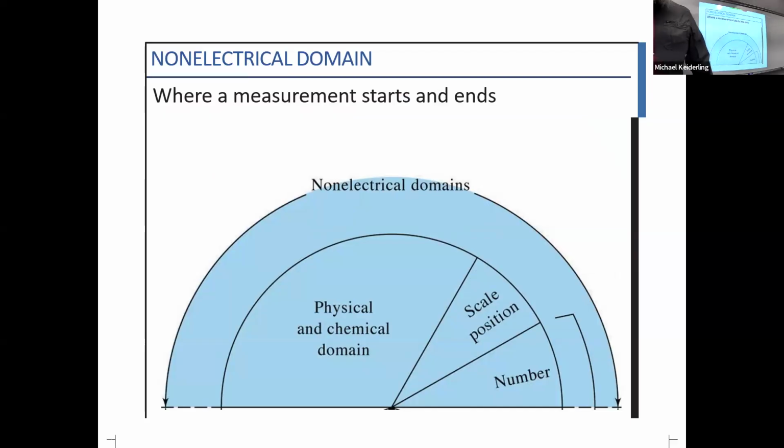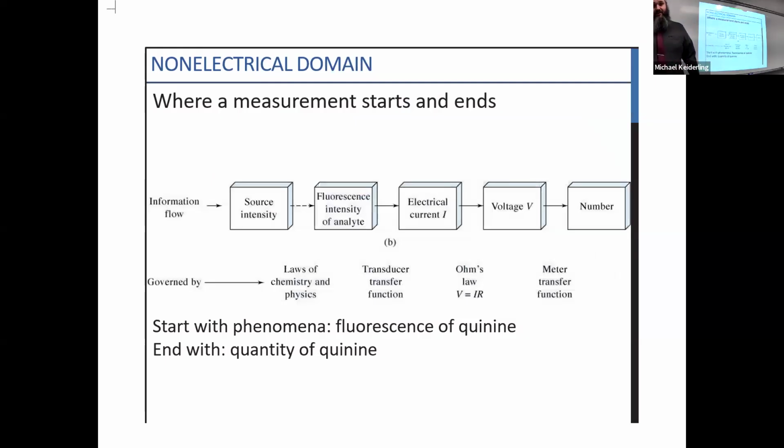So measurement starts and ends in the non-electrical domain. You're getting out some number. You start with some physical or chemical properties. So often you have information flow: the physical intensity of the source, and the laws of chemistry and physics determine the amount of fluorescence intensity or output from the analyte.